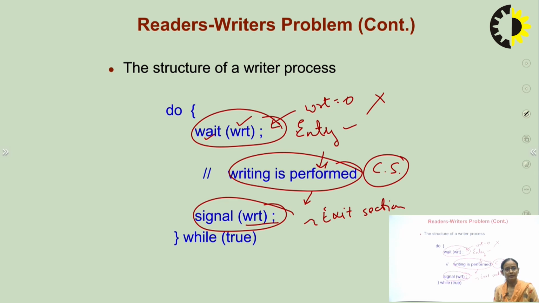So the second writer process is not allowed to enter into the critical section. So we have achieved the synchronization, or the order, between the two writer processes. As soon as the first comes out of the critical section, the WRT value becomes 1 again, and the second writer process, which is in the waiting state, will now move to the critical section.